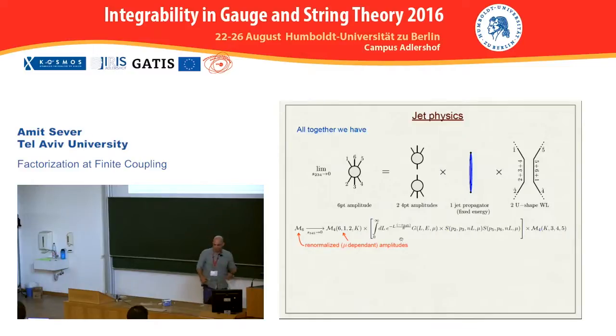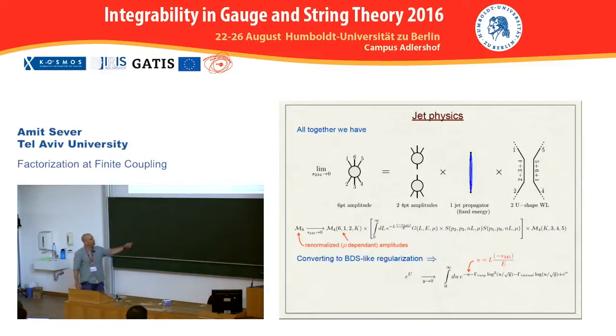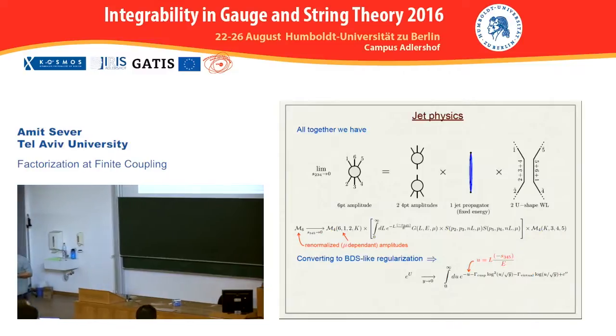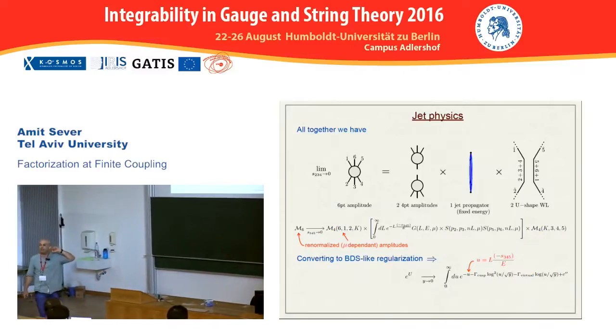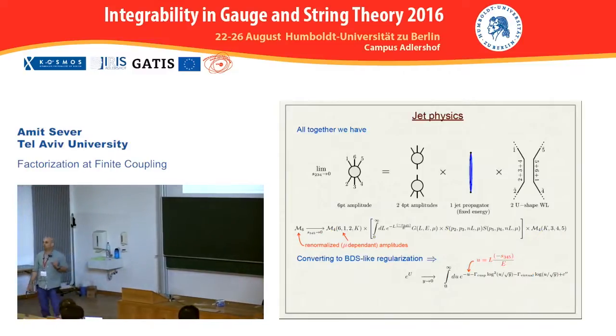And since what is determined in this limit is the energy of the jet and not the distance it propagates, we have to Fourier transform from the distance L to its energy, which is given by the momentum transfer here. When you plug these building blocks inside, you follow exactly the same integral that we got before from integrability. The only thing that this general RG equation did not tell you are the constants.